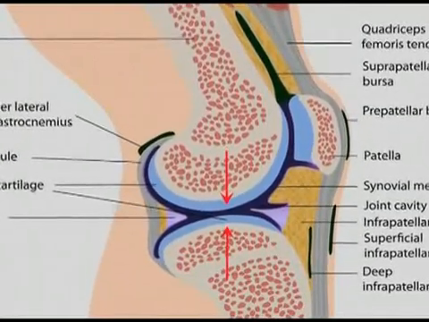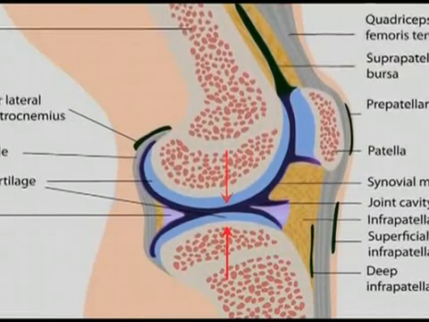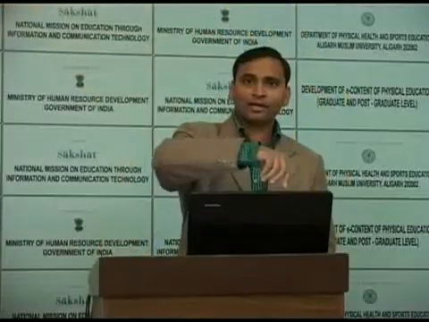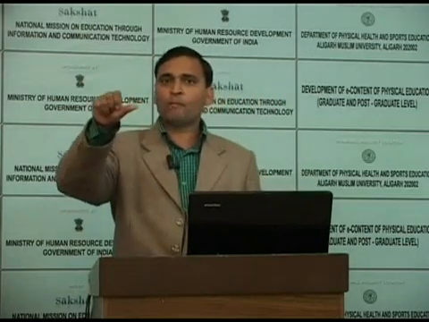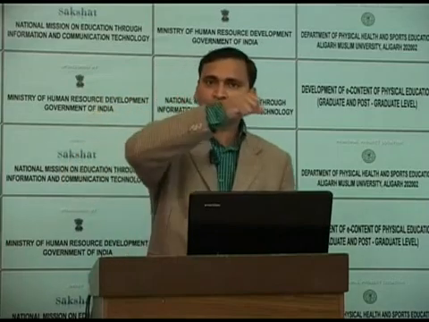So this mechanism is quite better. This mechanism is explained in a better manner than the hydrodynamic mechanism. The hydrodynamic mechanism says that whatever fluid film is formed between two opposing surfaces is only because of sliding motion.